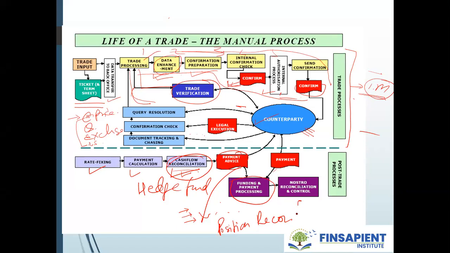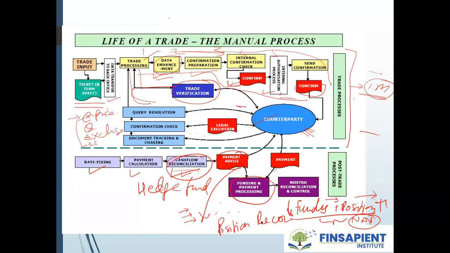Both the funding and the position account have to work together, because on one hand, the funding will be reduced, the position will go up. We have to reconcile the position and the funding and the cash flow, both. And this way, on a daily basis, we'll have the complete track of the NAV, because these are important components.